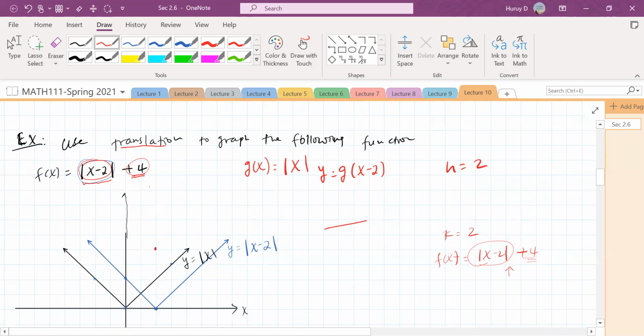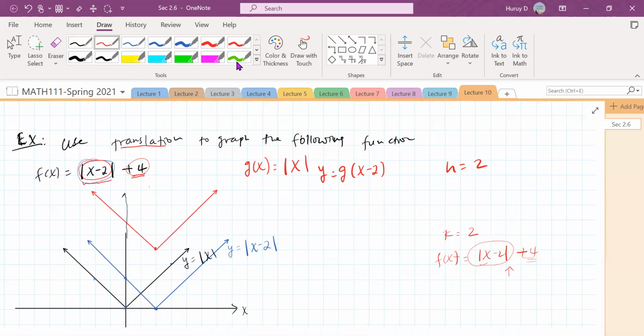So the new vertex will be here, and then the graph becomes like this one. Okay. So somehow it looks like this one, okay? Maybe my lines are not a bit straight, but anyway, I hope you get the idea.